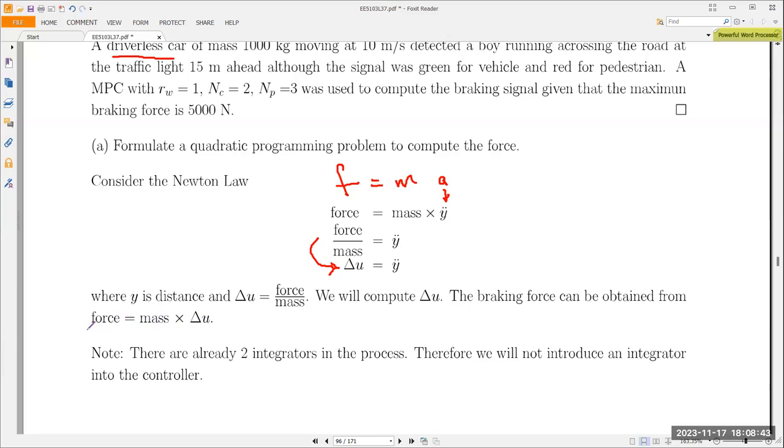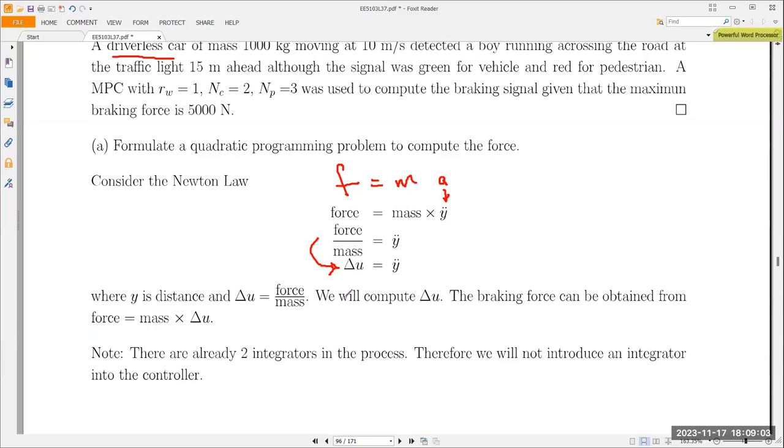To make the numbers simple, I just calculate delta U. In practice, the real force is delta U multiplied by 1000.